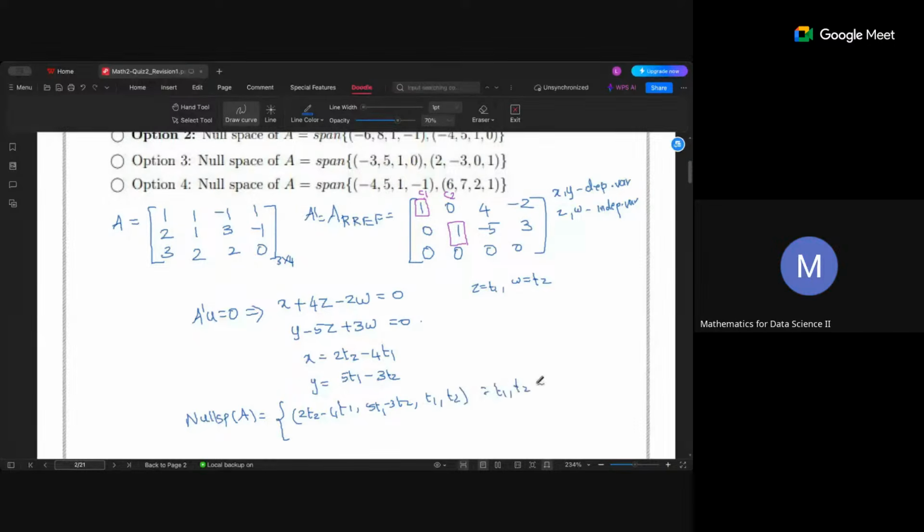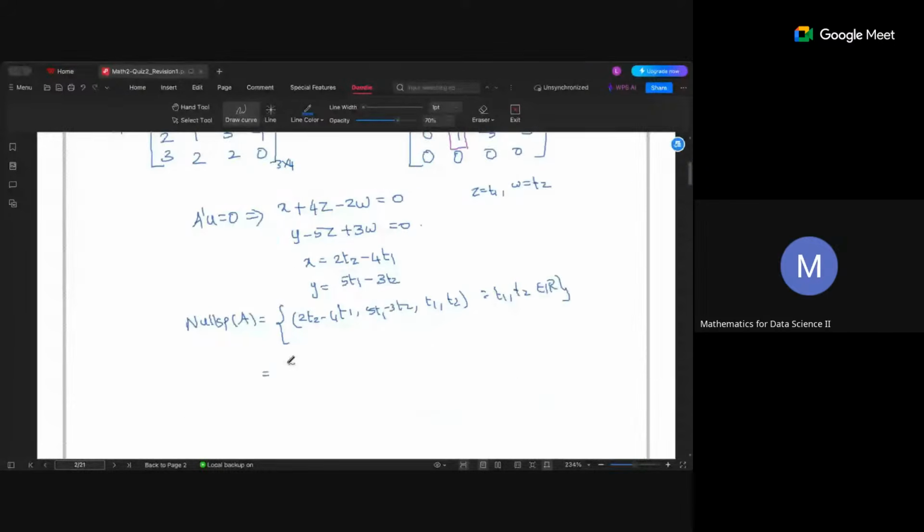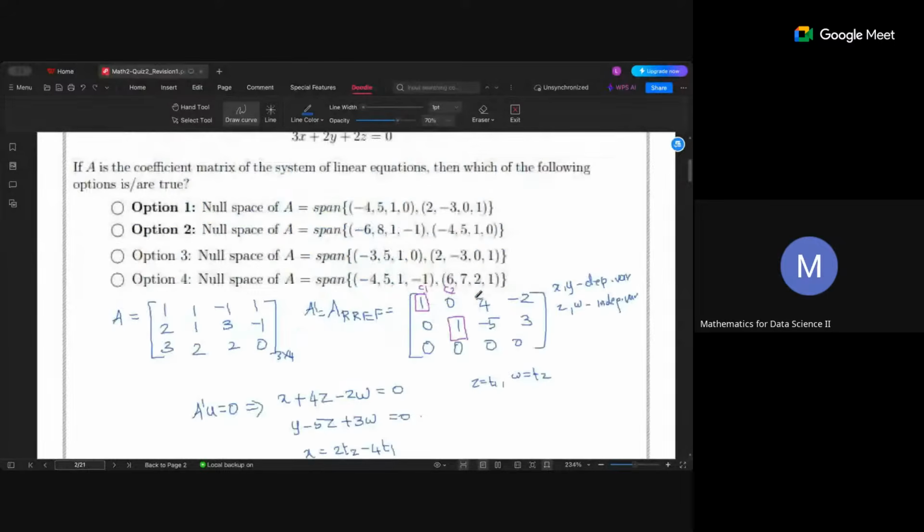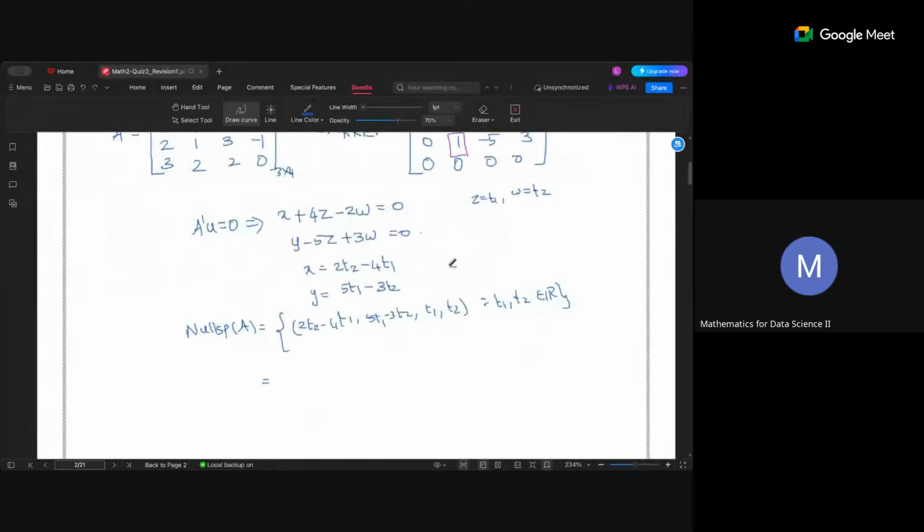So you can have it as a span of (-4, 5, 1, 0) and so on. But based on what we have, maybe let's write it the other way around.